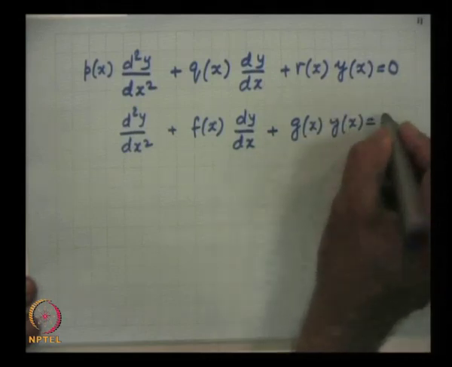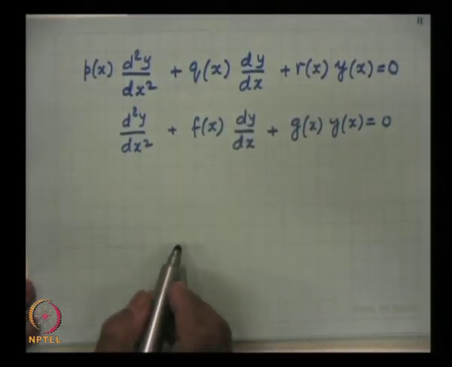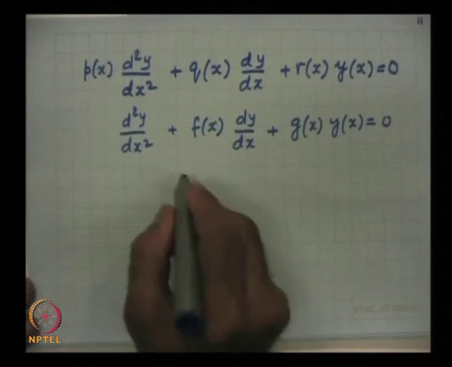It is obvious that f of x is equal to q by p and g of x is r by p. Then we make two transformations.